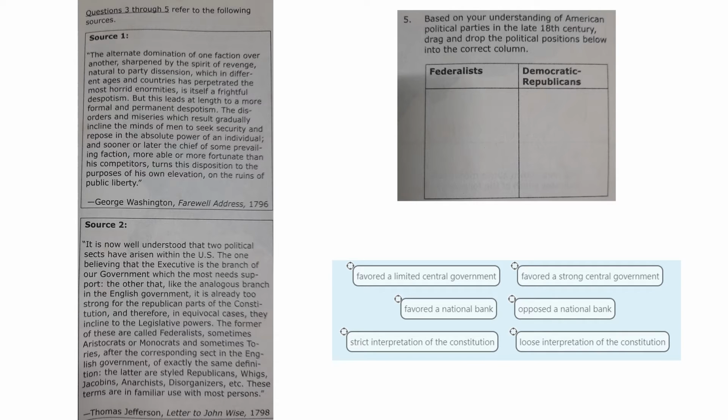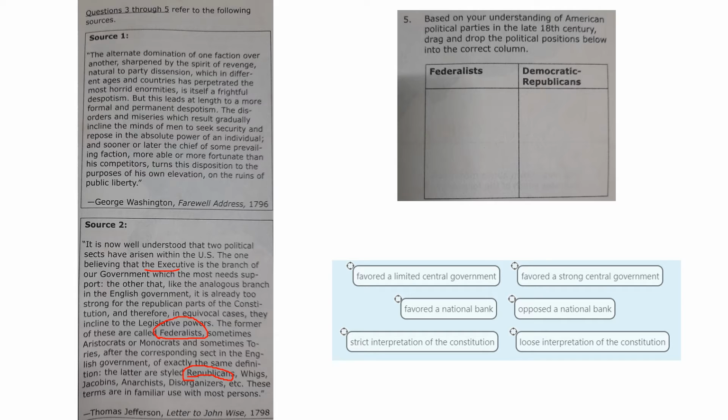Now, we're asked about the Federalists and the Democrat Republicans. So, the Federalists are the ones that believe there needs to be a strong executive. They believe in a strong federal country where the executive, the president, has more power, more centralized power. The others are the Republicans. Republicans believe that the president is too strong, maybe that the states need more power.